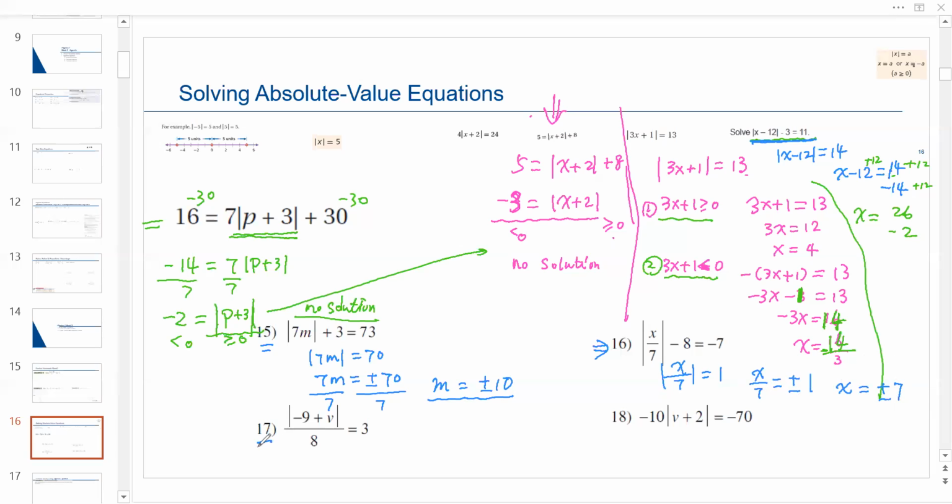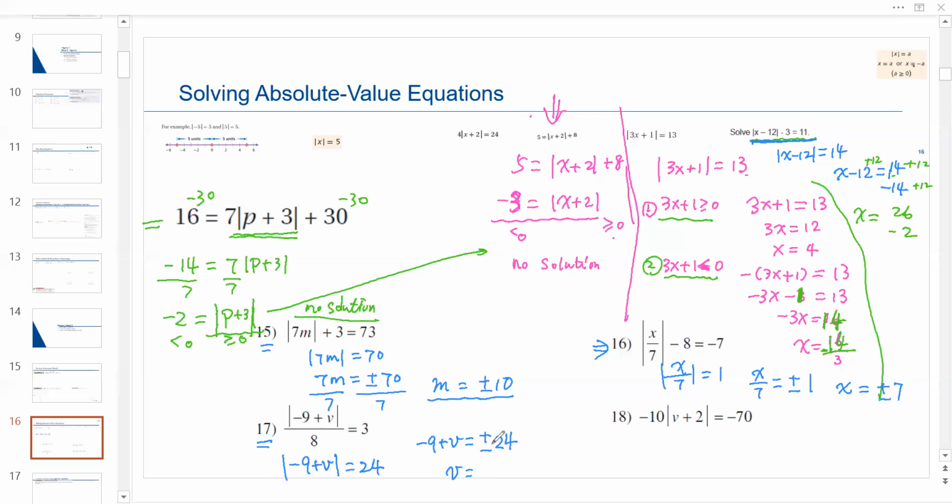See number 17 here. Both sides times 8. So you got negative 9 plus v equals 24, right? So we have negative 9 plus v, and it can be positive or negative 24, right? So both sides plus 9.